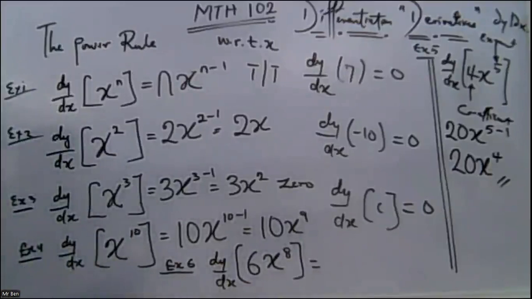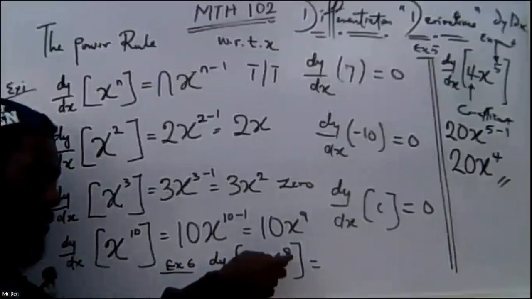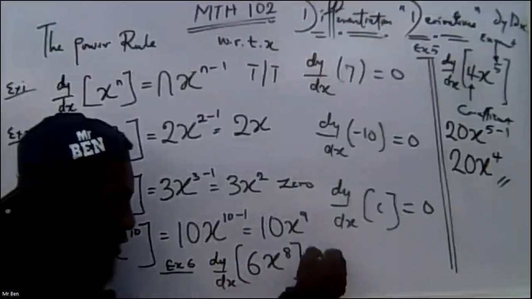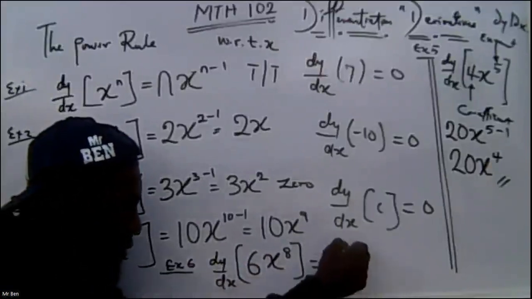We are going to use the times and take. We are going to multiply. Raised to the power of what? 7. Correct. So you are going to multiply the coefficient with the exponent, which will give us 48. That is 6 times 8. 48x.